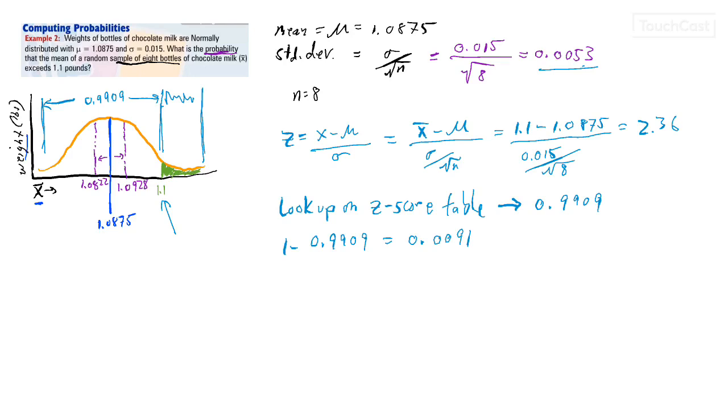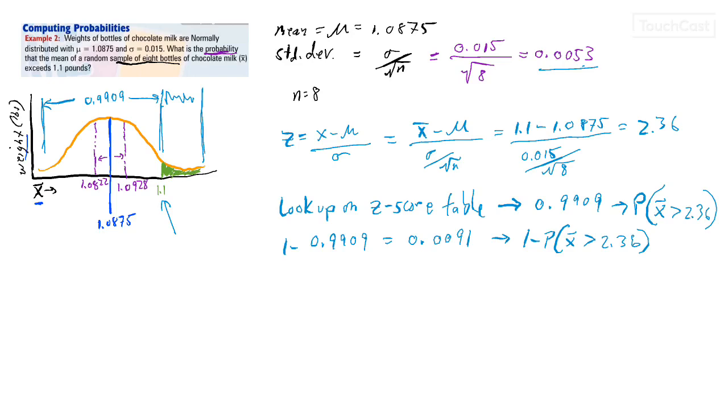Now, one way to represent some of these things: the 0.9909 we can call the probability of x bar being less than 2.36, that's our z-score. The second part here we can represent as 1 minus the probability of x bar being less than 2.36. Just some notation facts.